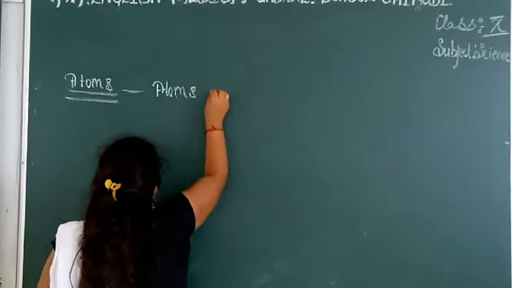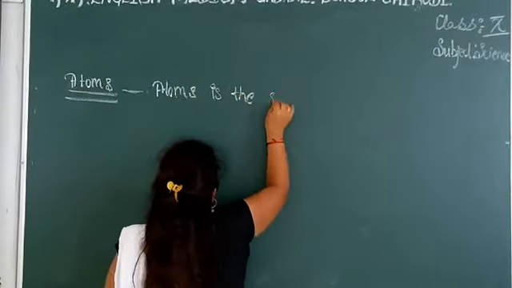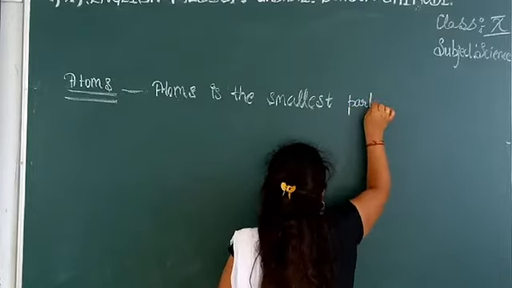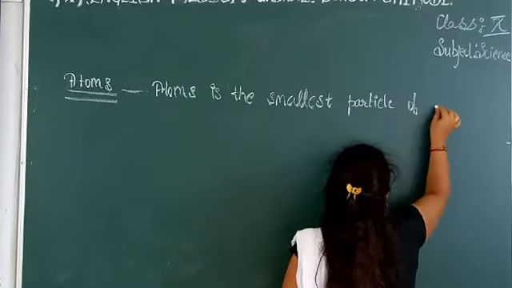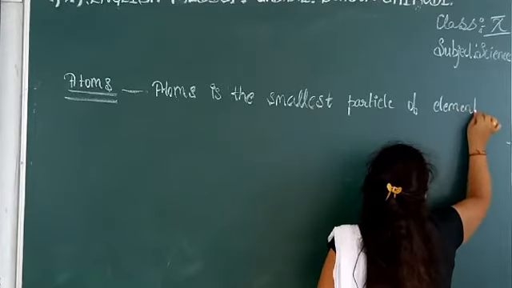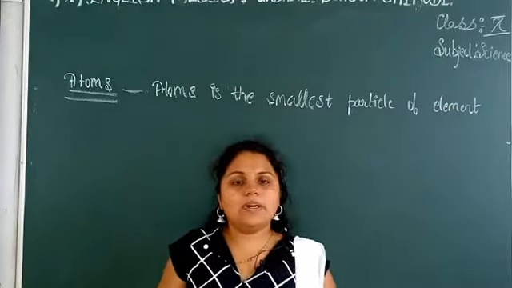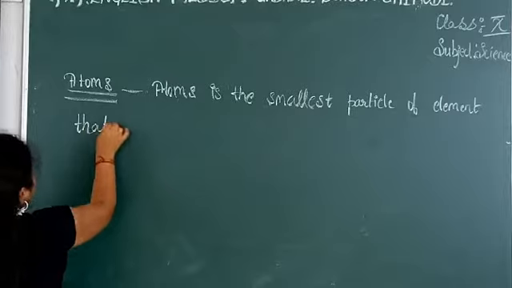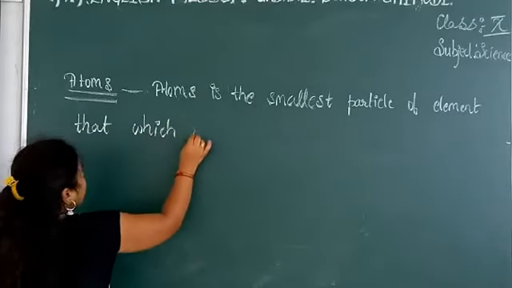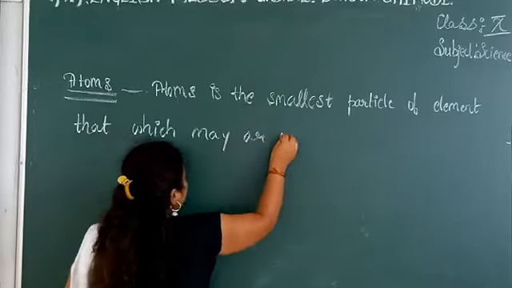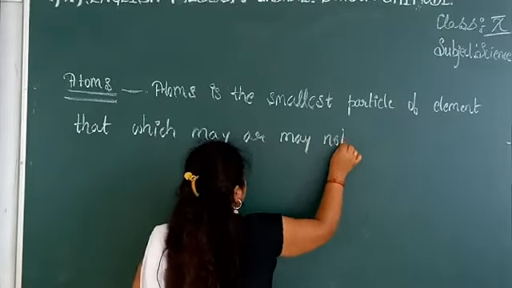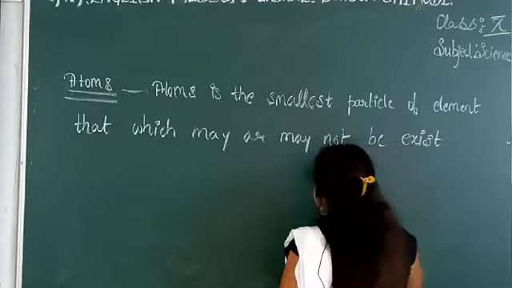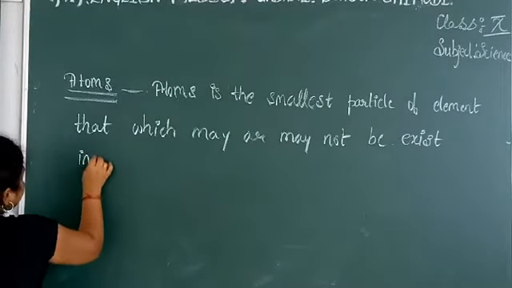An atom is the smallest particle of an element which may or may not exist independently.